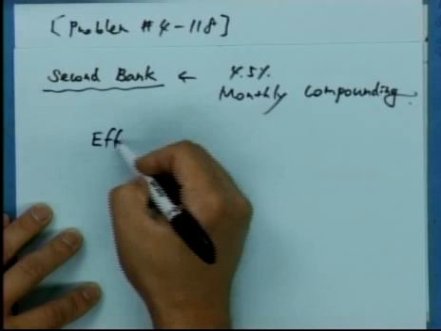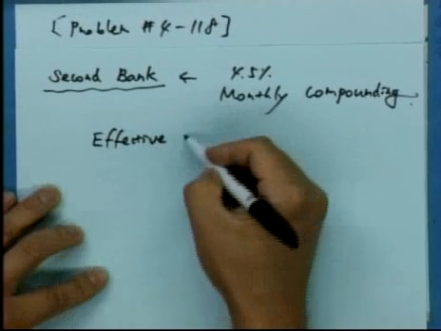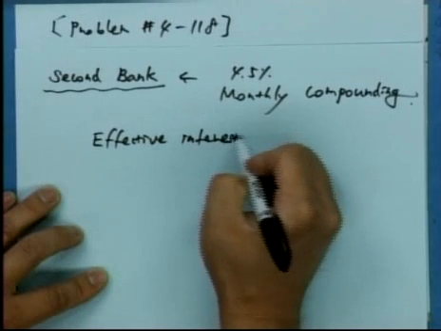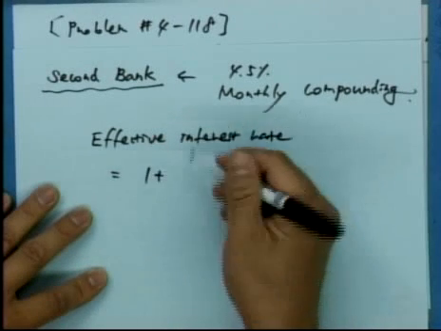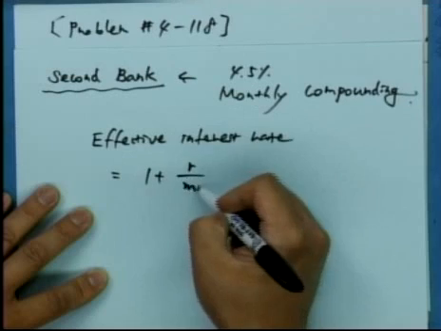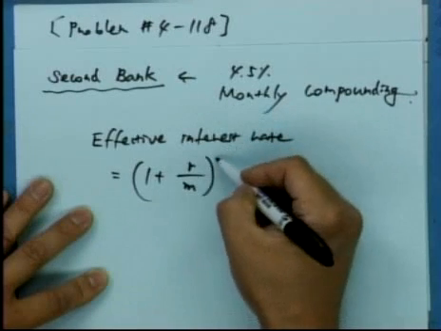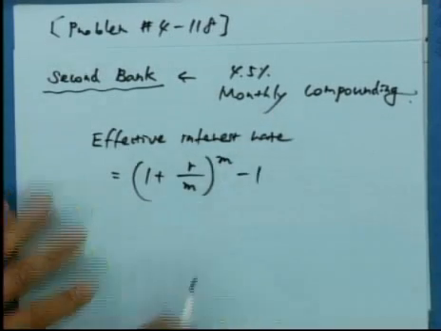In that case, the effective interest rate would be 1 plus r over m to the power m minus 1, right?